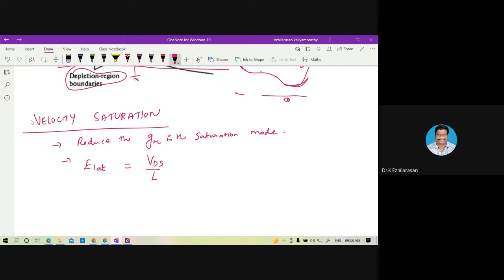Now what about the vertical electric field? E vertical will be VGS divided by Tox. Why?